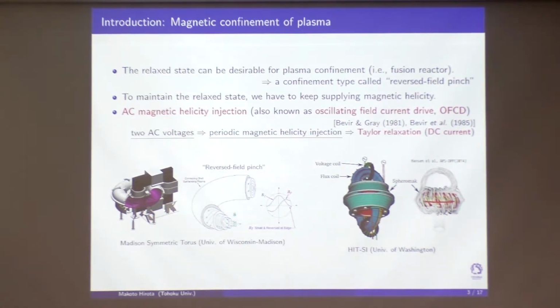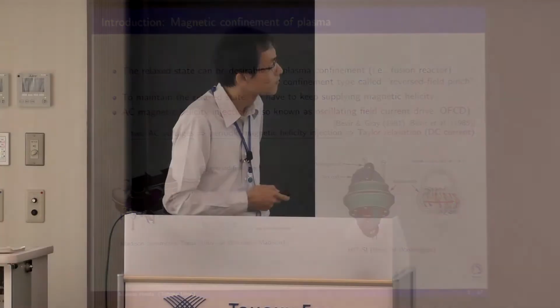Again, this is the experimental device which tries to confine the high temperature plasma in the torus geometry. The reversed field pinch is schematically shown like this. Because of the relaxation, the magnetic field relaxes to such a helical or twisted structure.